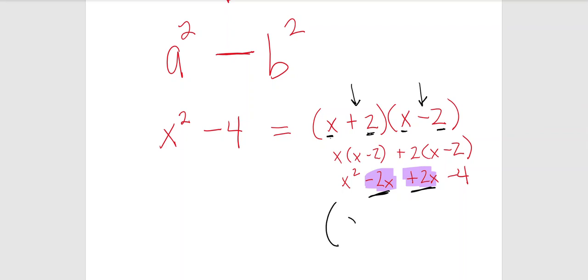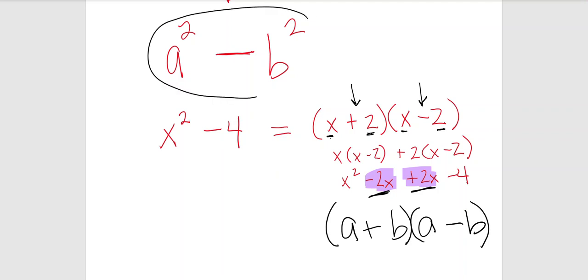And that only happens if we have the same for one value, and then we've got the plus in one and the minus in the other for the other value. So a plus b times a minus b, that pattern will always lead me to an answer that is a difference of squares.